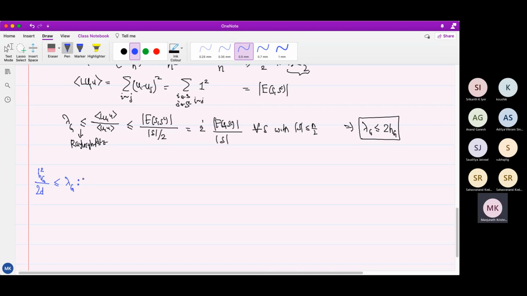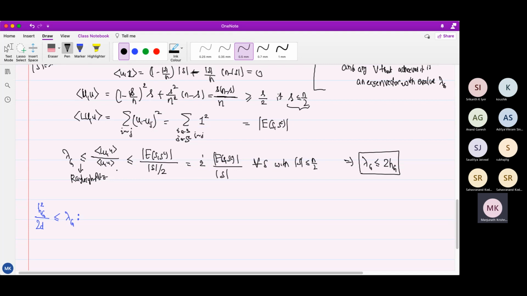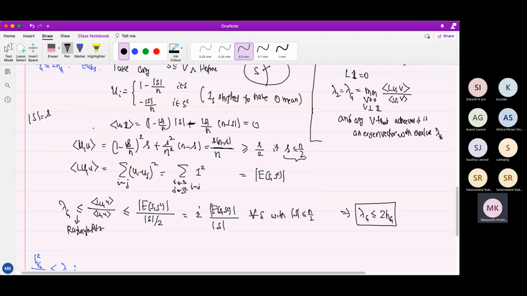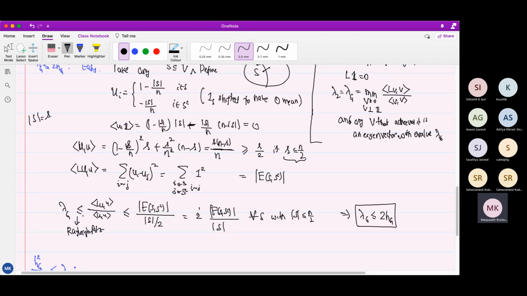So now we prove this. This is the other way. It's a non-trivial proof. I hope I will not botch it up entirely. So the idea is like this. Here you saw that the slack comes from the fact that this is greater than or equal to for every vector.